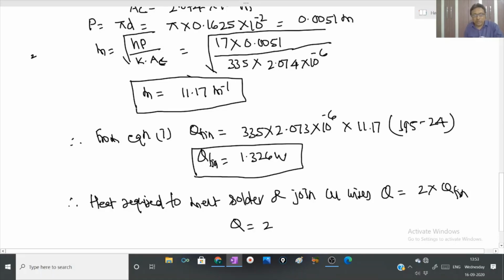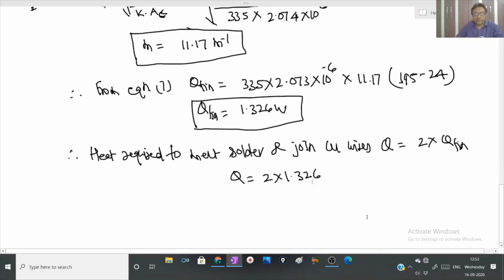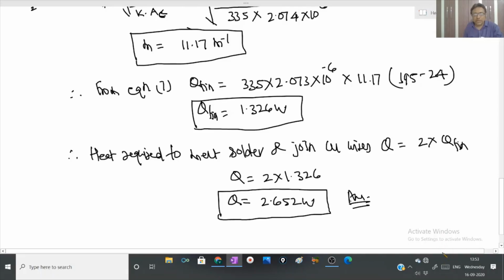So Q will be twice 1.326. So Q comes out 2.652 watt. So this will be the rate of heat required to melt the solder and to join the copper wires. So this way we can solve this numerical.